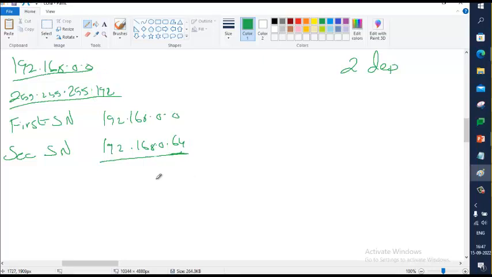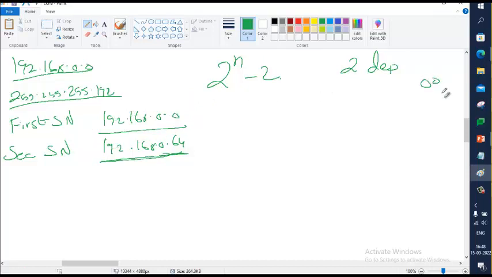Only if the question in the exam says 0th subnet included, then this is the first subnet and this is the second subnet. What if they didn't mention? If they didn't mention, it means that they want the 2 to the power of n minus 2 formula, which means they don't consider all 0s and all 1s. You understood?